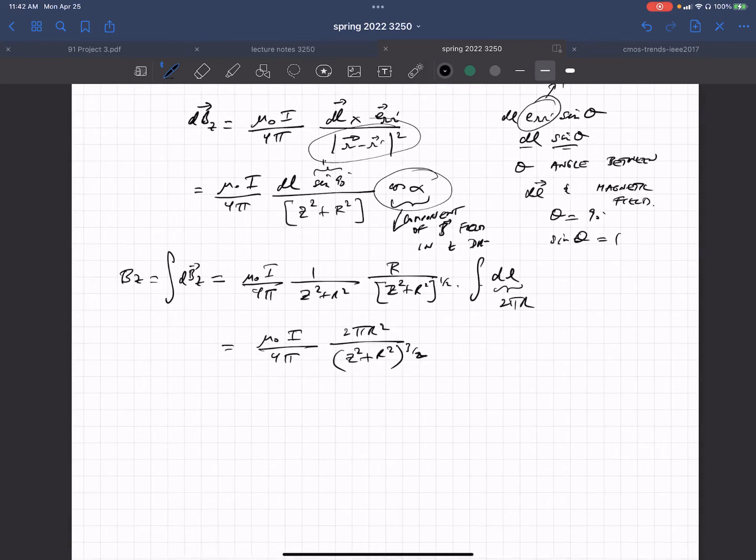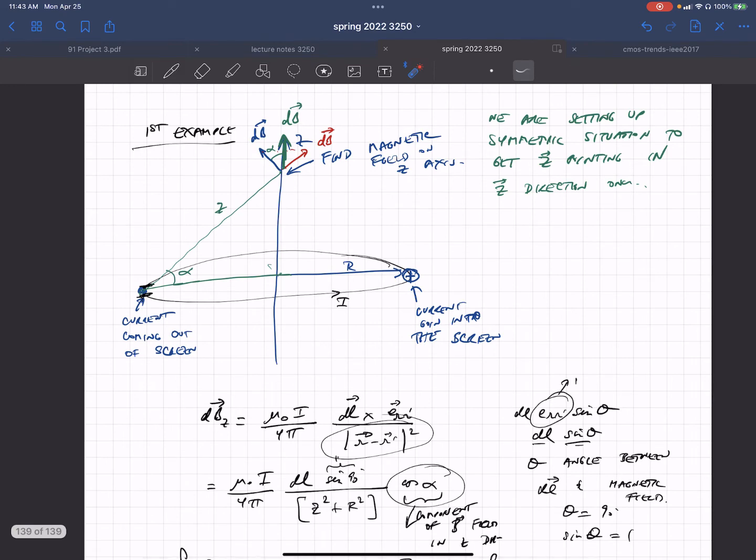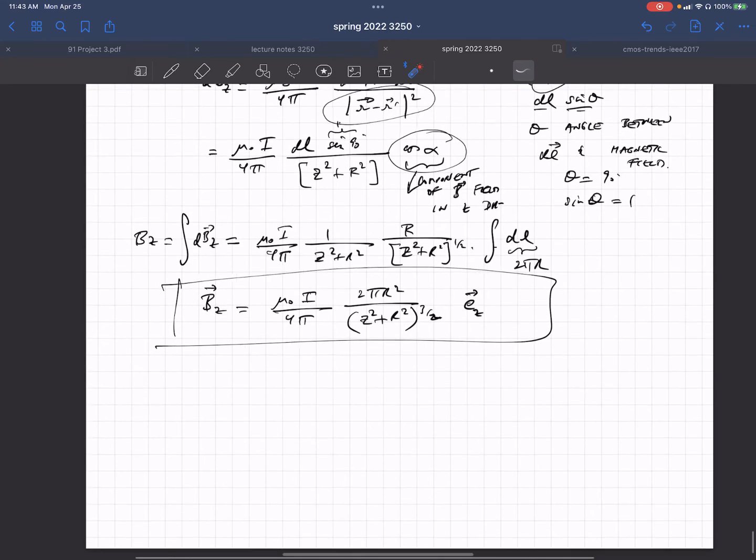So that's going to be the magnitude of the magnetic field, pointing in the z direction, in the unit vector. So that's at an arbitrary point on the z-axis, if you have a loop with the z-axis at its center, with a constant current I flowing through it.